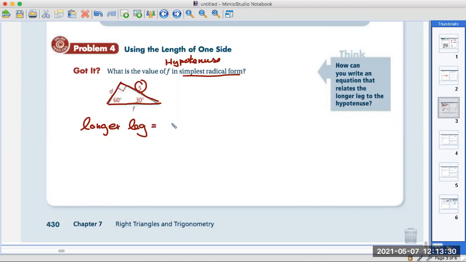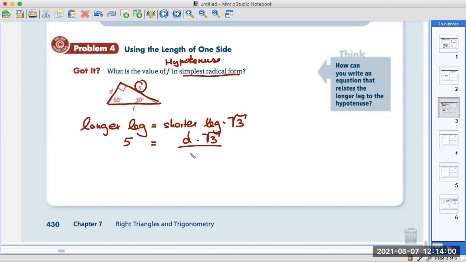Longer leg is shorter leg times the square root of 3. So the longer leg is 5, equals shorter leg d times the square root of 3.